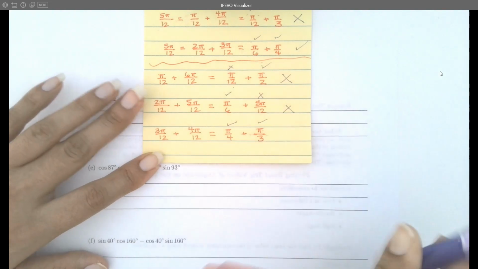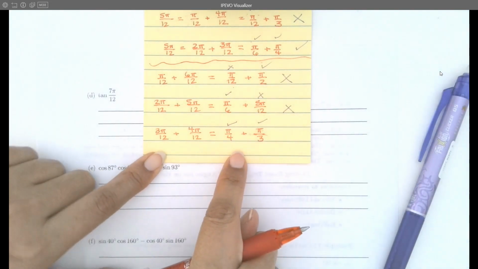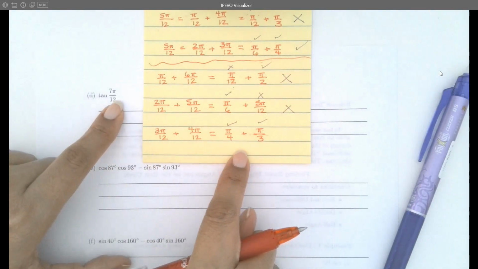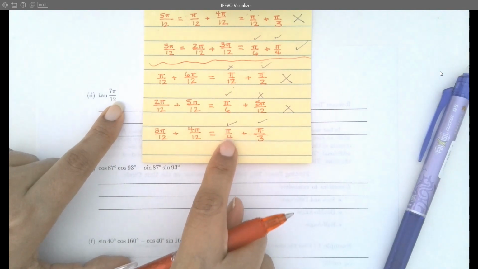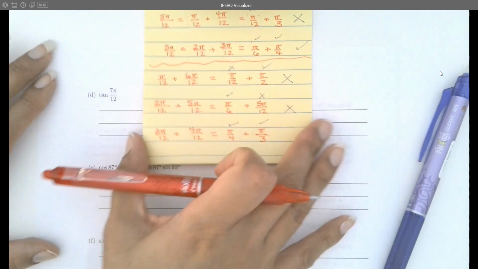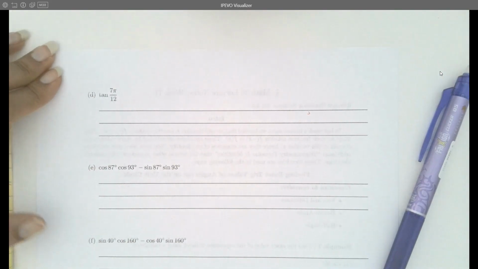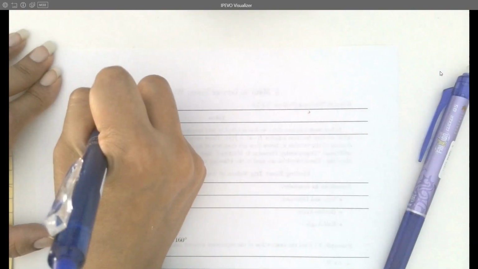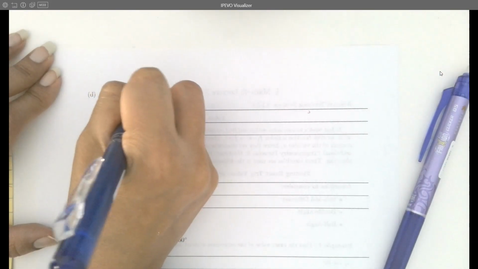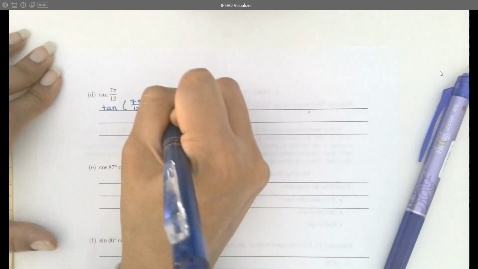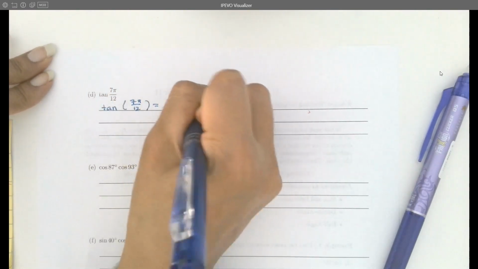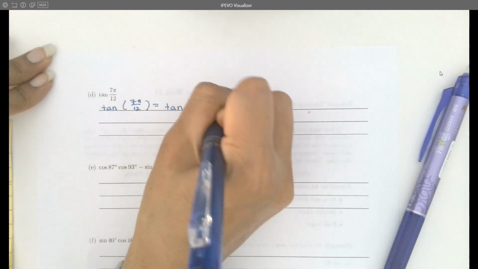So this is also on the unit circle. That means that we can write down 7 pi over 12 as a sum of pi over 4 plus pi over 3. And so we'll write it here. Tangent of 7 pi over 12 is the same as tangent of pi over 4 plus pi over 3.